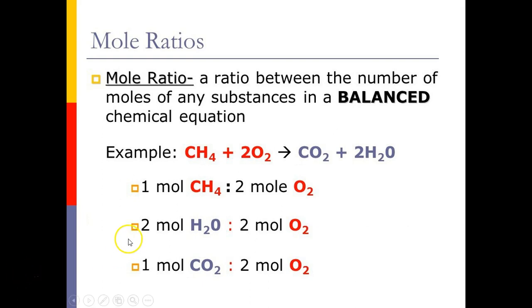First example would be for 1 mole of CH4, it requires 2 moles of oxygen. Another thing you could say is 2 moles of water are produced if 2 moles of oxygen are used. You could also say 1 mole of CO2 is produced when 2 moles of oxygen are used. The mole ratio comes from the balanced coefficients.